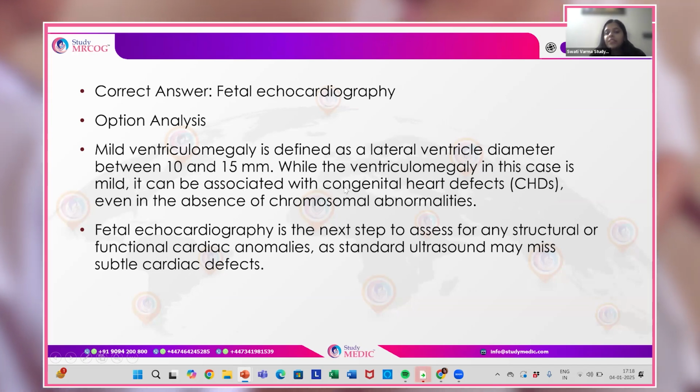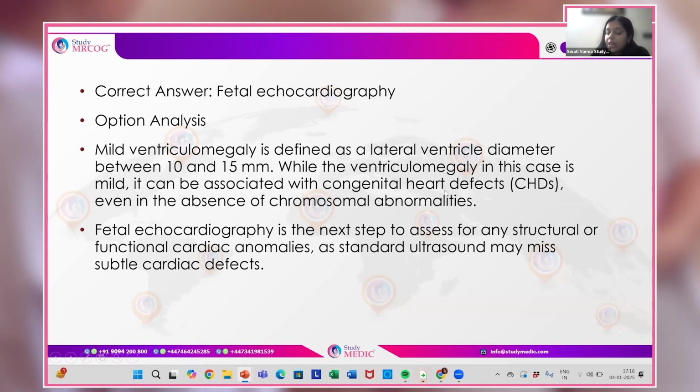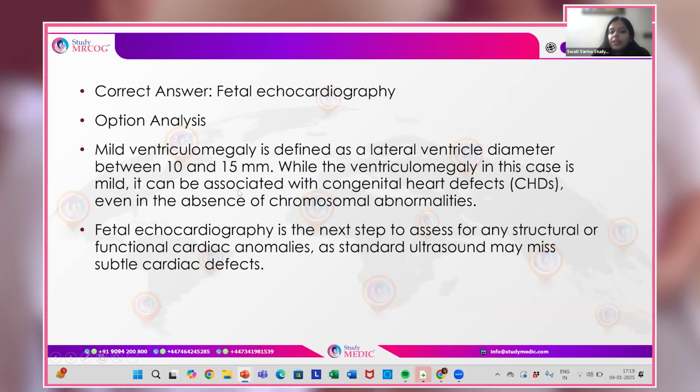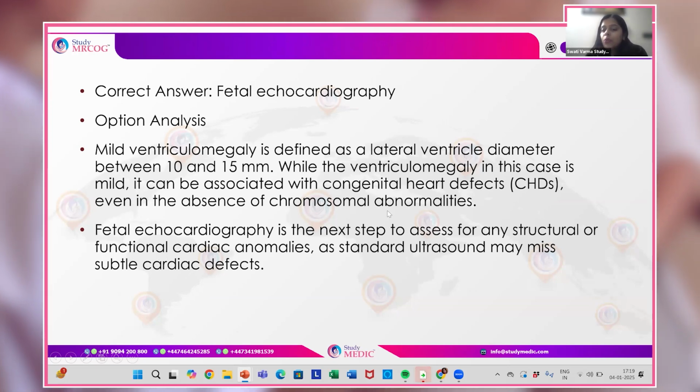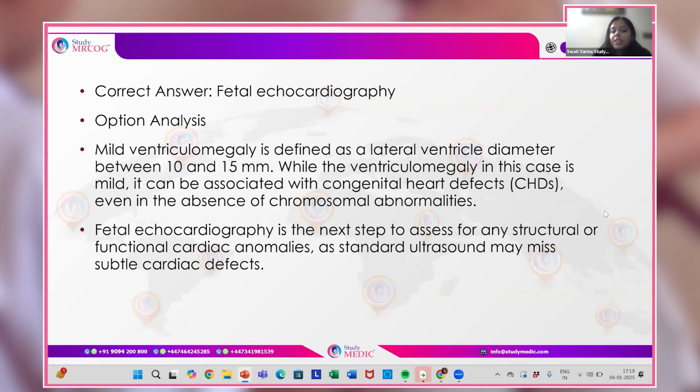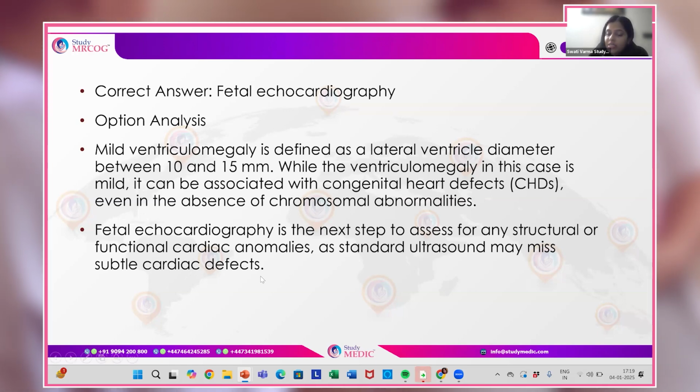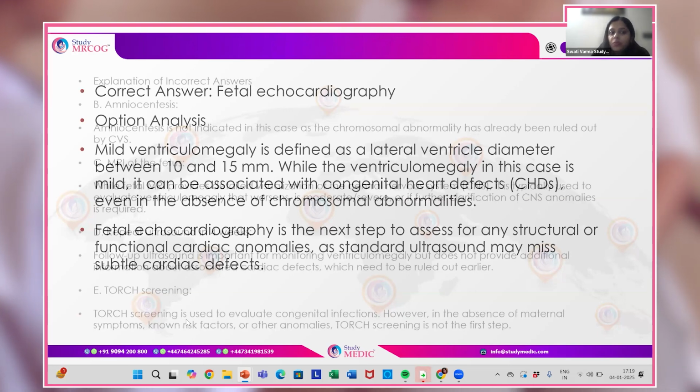But whenever ventriculomegaly is reported, we should consider that it can be associated with congenital heart defects. Even if chromosomal abnormalities are absent, the next step which should come to our mind is exclusion of congenital heart defects. So fetal echo is the next step to assess for any structural or functional cardiac anomalies, because standard ultrasound may miss subtle cardiac defects.